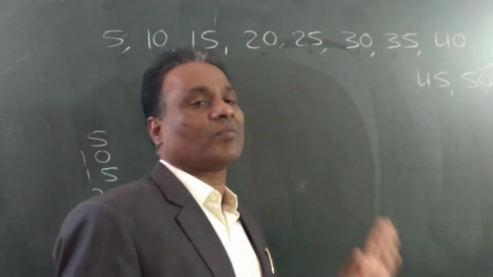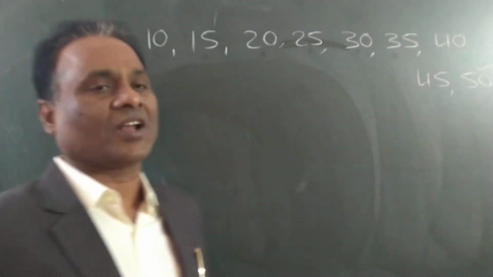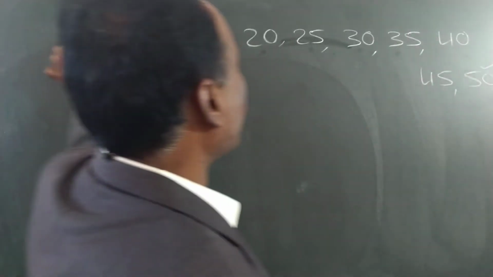That is the last formula for the progression. So write down that formula, the sum of n terms formula. The nth term formula is A plus n minus 1 into D. Now, the sum of n terms in AP.